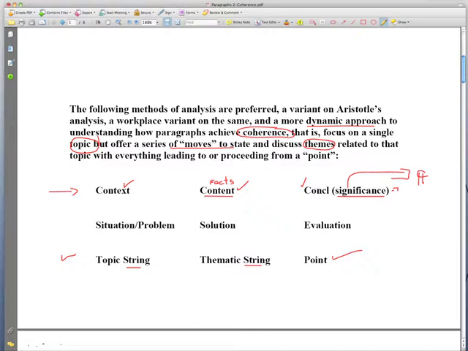We have another variant that's more specific. Most business writing will be in the context of solving a problem. So context in this sense becomes stating a situation and stating a problem. That happens in the context or the beginning part of the document. Then offering solutions, and it usually is not one but a couple of solutions. Sometimes it's just one. And then the conclusion usually is why these solutions are best.